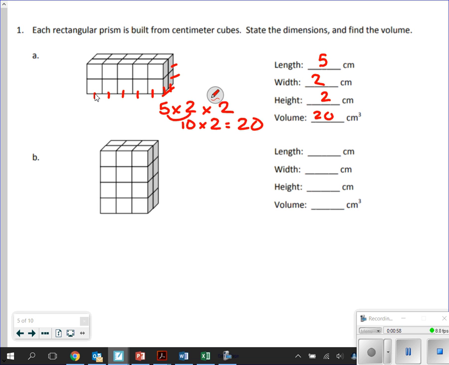Selena, what are you saying? Did anyone find the volume a different way for A? Or did you all do length times width times height? What did you do?